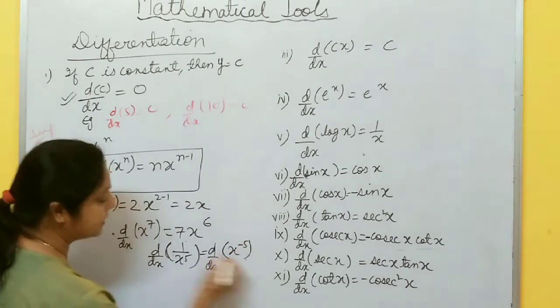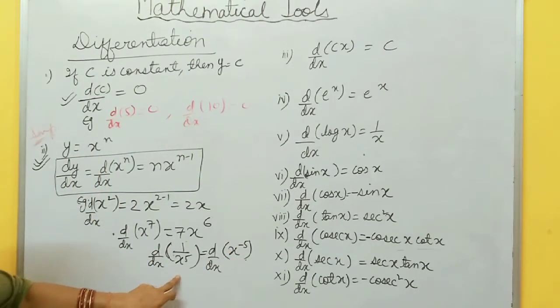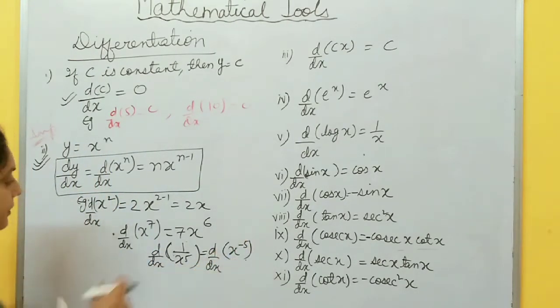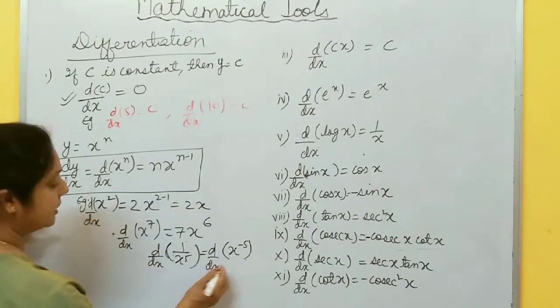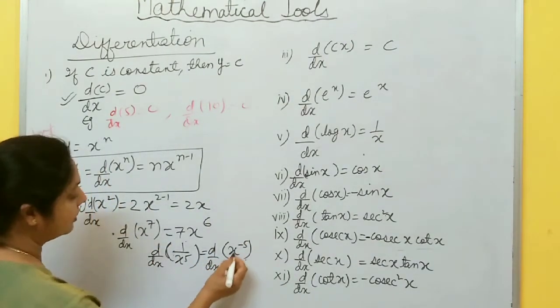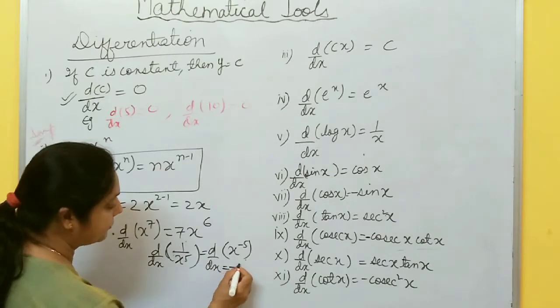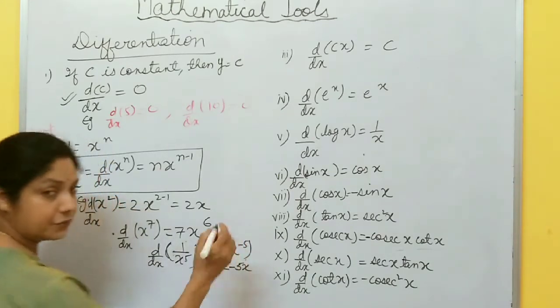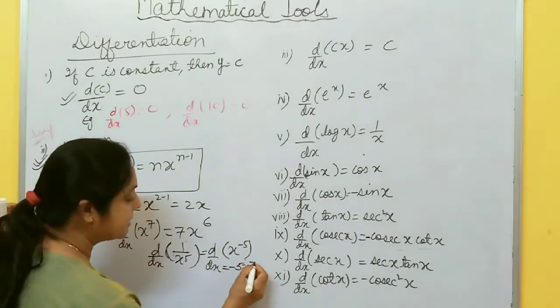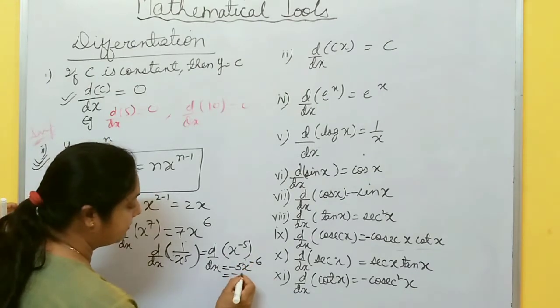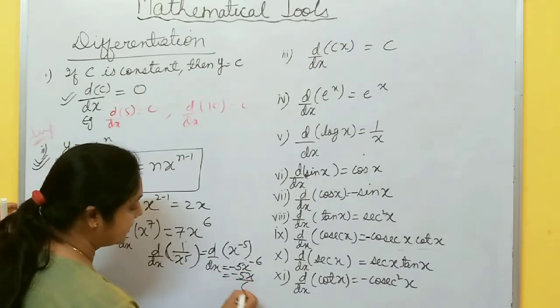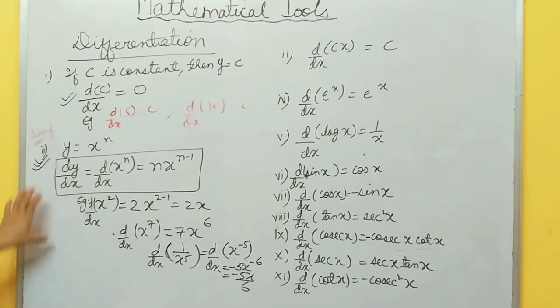And then you use this formula. So power is minus 5, so minus 5 x to the power minus 5 minus 1, it means minus 6. Or you can write minus 5 by x to the power 6. In this way you solve this one.